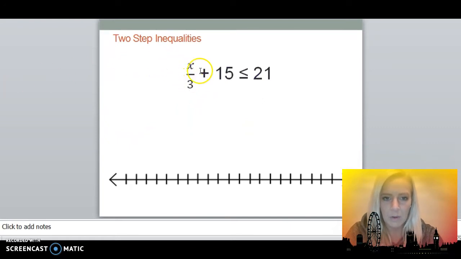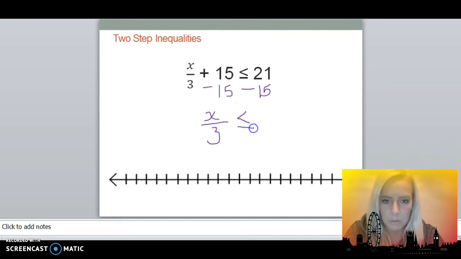x divided by 3 plus 15 is less than or equal to 21. Again, I'm going to solve the term first that is not with the x. So the inverse operation of adding 15 would be to subtract 15 from both sides. So I'm left with x divided by 3 is less than or equal to 21 minus 15, which is 6.